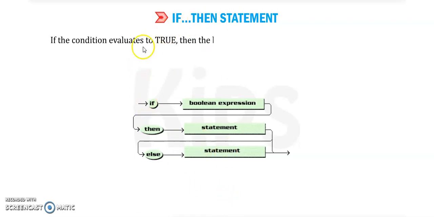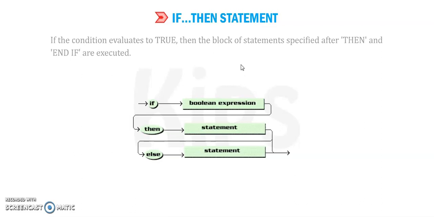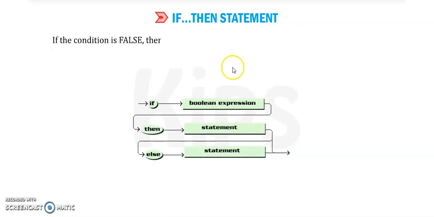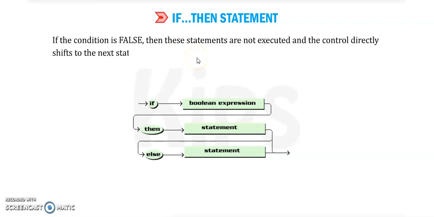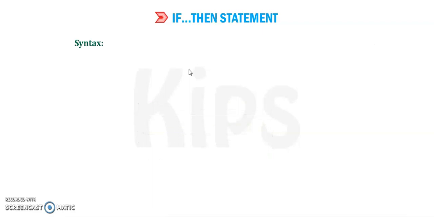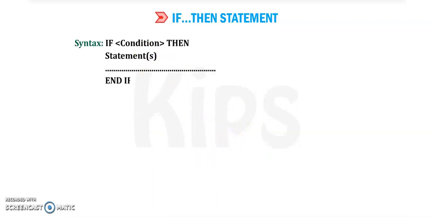If the condition evaluates to true, then the block of statements specified after then and before end if are executed. If the condition is false, then these statements are not executed and the control directly shifts to the next statement after end if. Now what will be the syntax of if then? If, after that we write the condition, after that we write then, and then we write a statement.